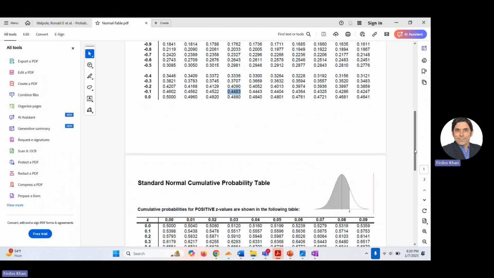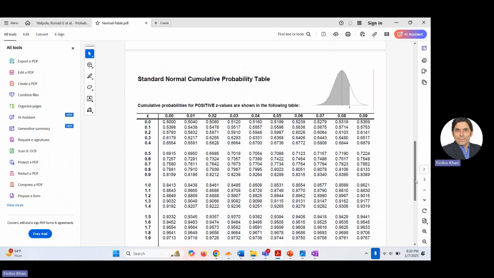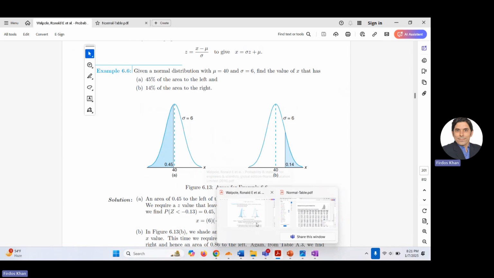The probability is 0.86. Just look at the table. Close values are 0.85 and 0.8599, which is much closer. Going across, the row is 1.0 and the column is 8, so this is 1.08.